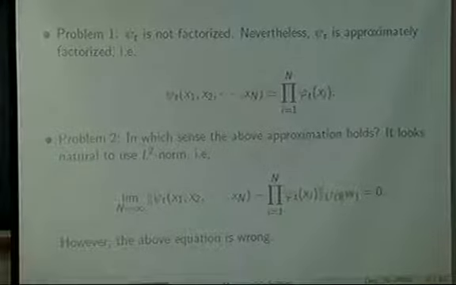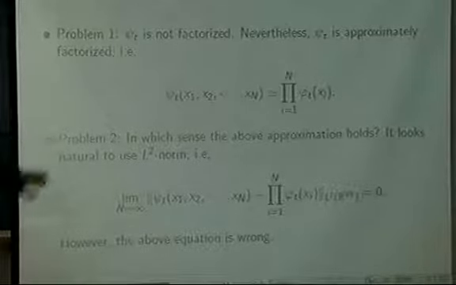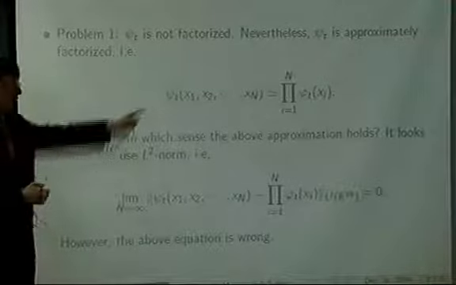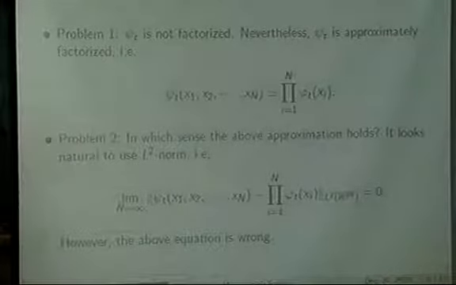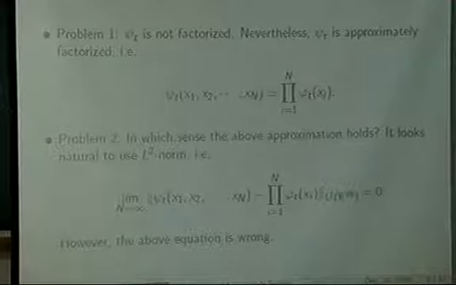Then the job of mathematical physicists is to make sense of it. So the second problem is in which sense the above approximation holds. The first intuition for mathematical physics or quantum mechanics is to use the L2 norm, because L2 space is a Hilbert space, and every wave function is described in L2 space.